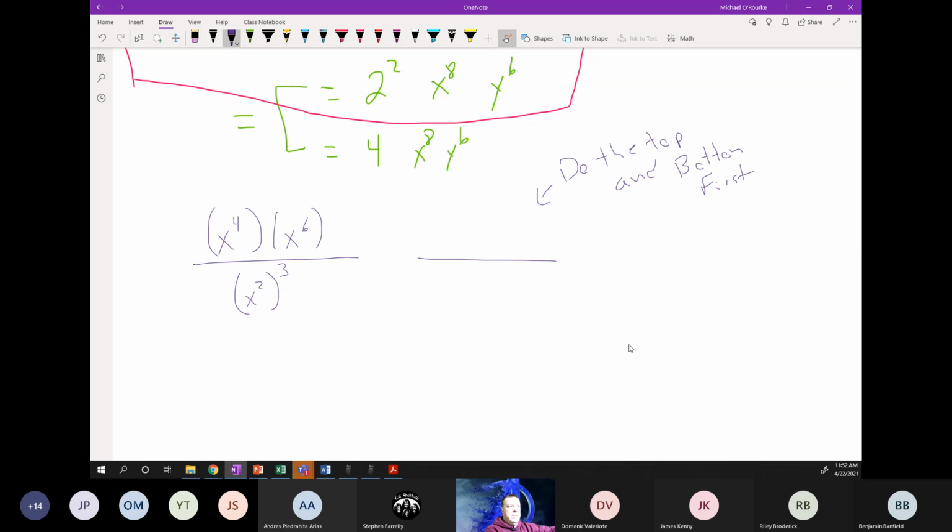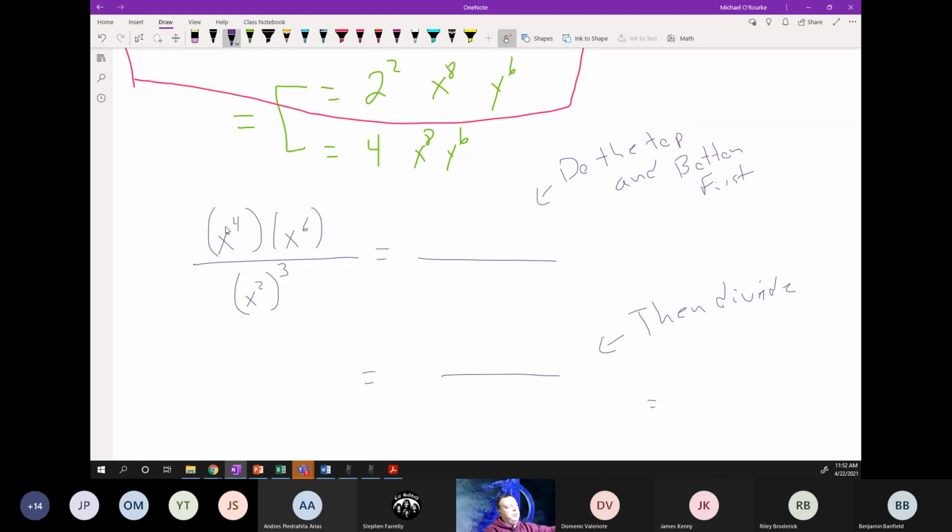Okay. Then divide. Does that make sense? So figure out your top and bottom first.